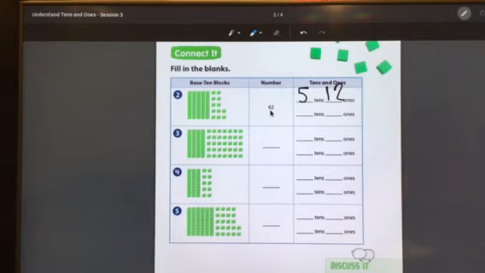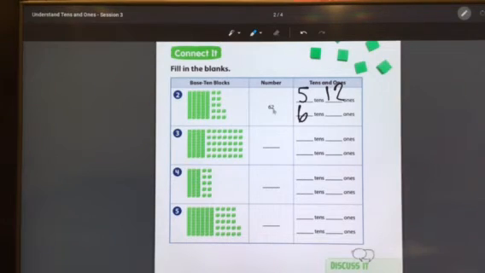Now, when I look at the number 62, how many tens are in the number 62? We always remember to look at the first digit in the number. That is the number in the tens place. So in the number 62, you have 6 tens, and then the number in the ones place is always the last number in the 2-digit number.